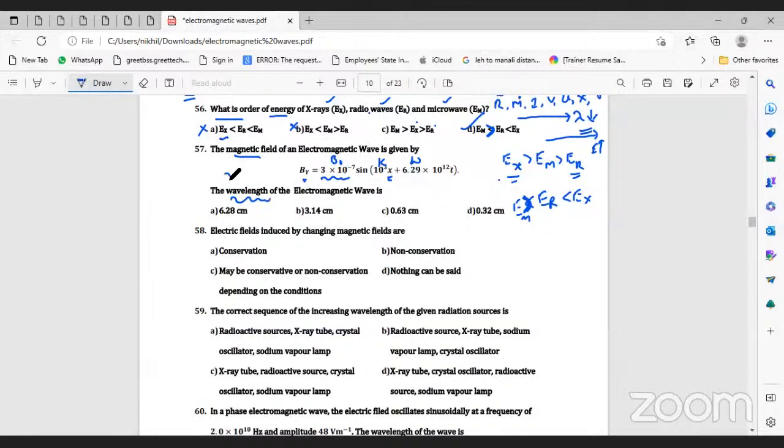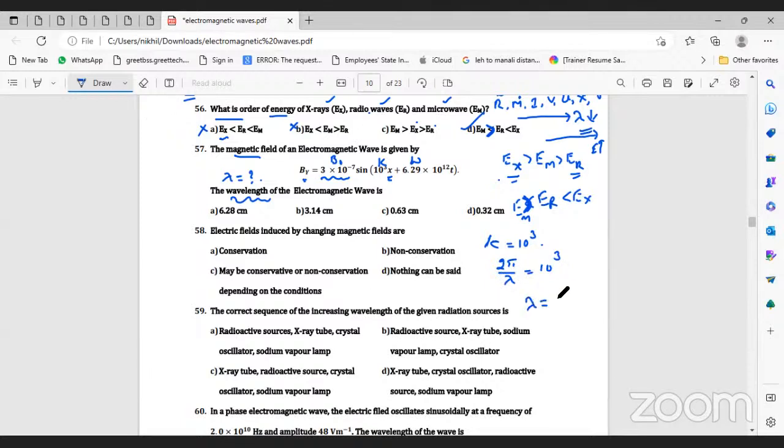Wavelength. Wavelength is the question mark. Now, you know the value of K here. K is 10 power 3. K is nothing but 2 pi by lambda, which is equal to 10 power 3.